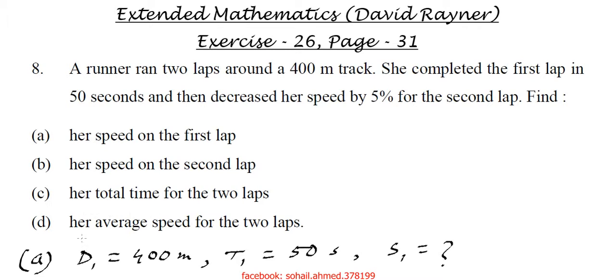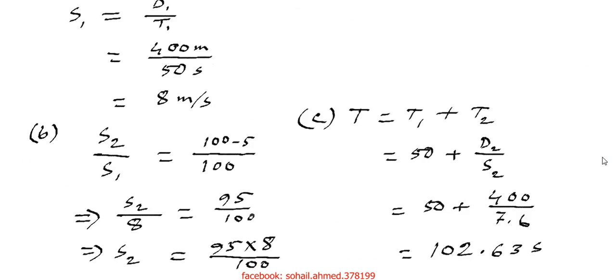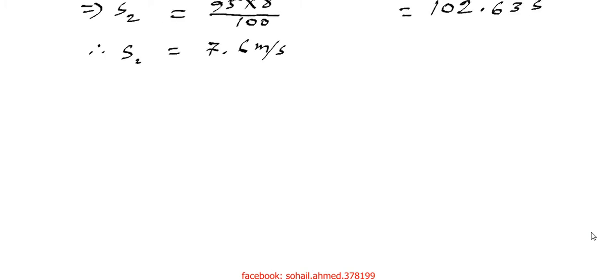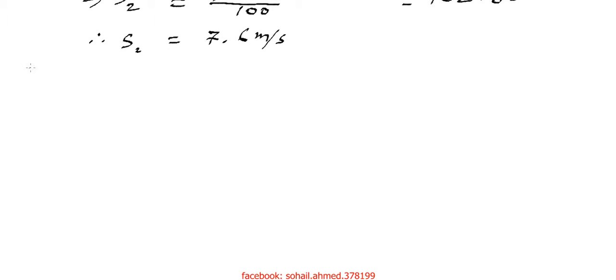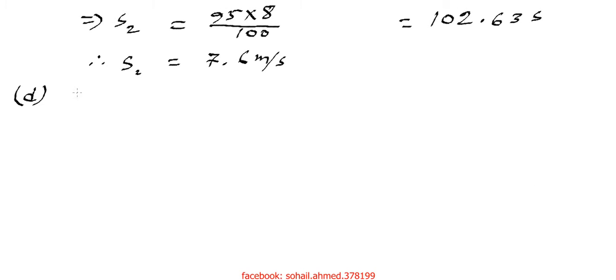In part D we have to find her average speed for the 2 laps. For this we need to find total distance and total time. So total distance equals to d1 plus d2, right?